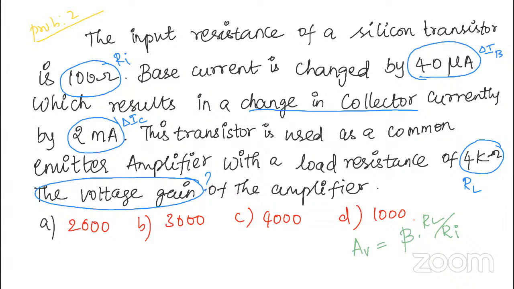We know how to find beta: it is nothing but the current gain, which is delta of IC divided by delta IB. So find the value of beta from that and substitute. Tell me what answer you get.